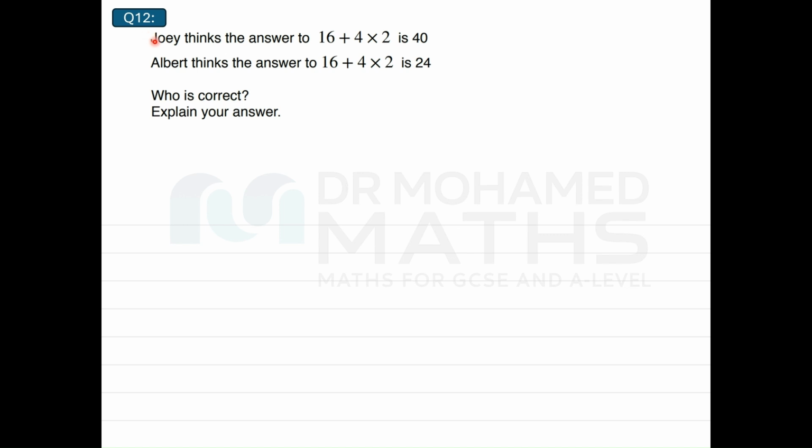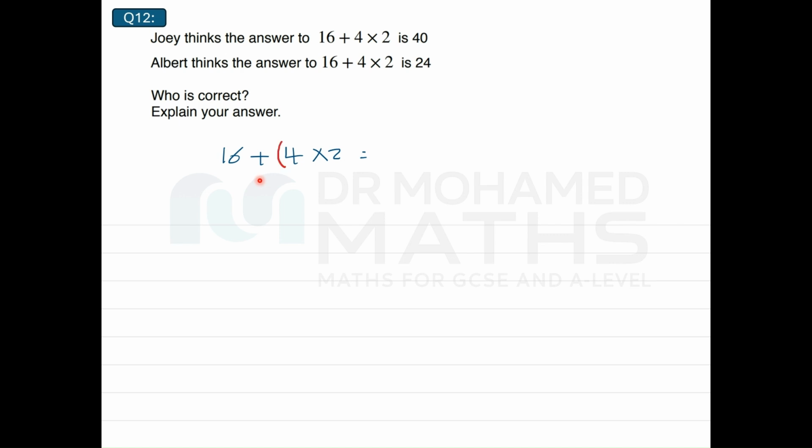And question 12 here tells you that Joe thinks the answer of this calculation is 40, while Albert thinks the answer of this equation is 24. Who is correct? Let's check. According to BODMAS, we have to write this one here, 4 times 2, and check. Which one should be done first?